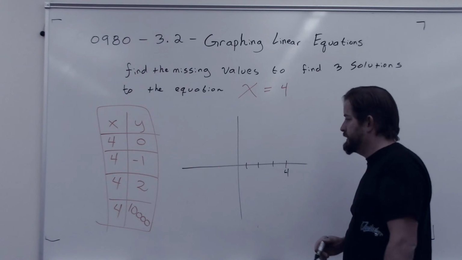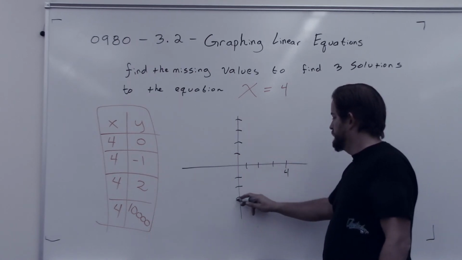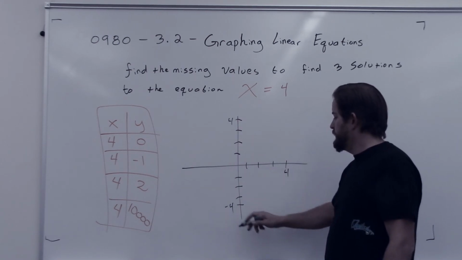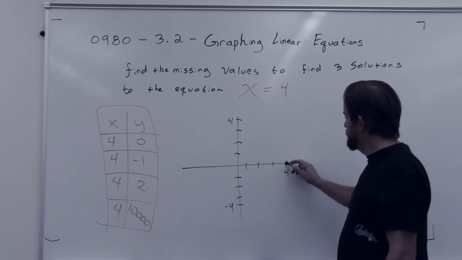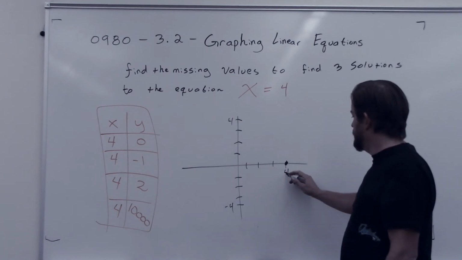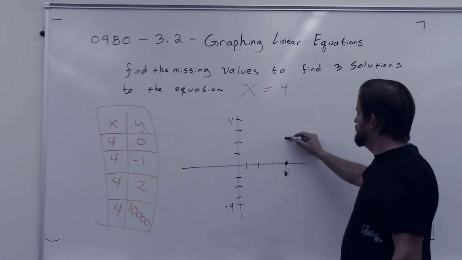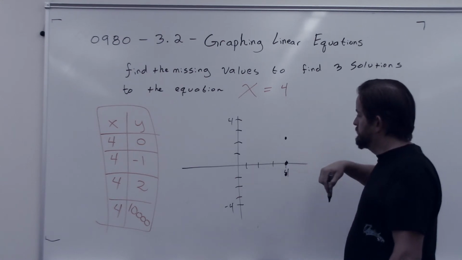There's 4 for my x. 1, 2, 4 for my y, negative 4 for my y. I have the point 4, 0, that would be right here. I have a point 4, negative 1, that's right here. The point 4, 2, that's here, and you can see what I'm creating here is a vertical line, right?